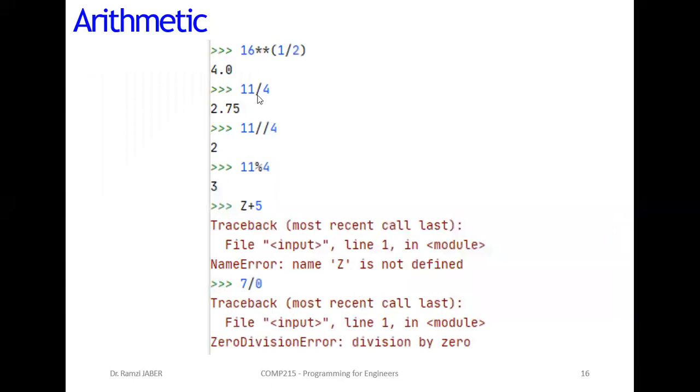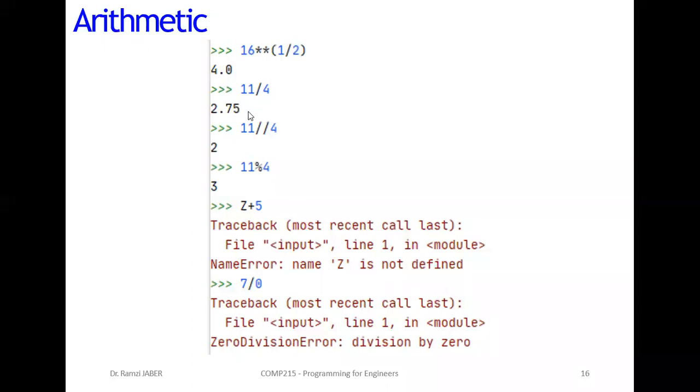As you can see here, 11 divided by 4 is 2.75. So here in Python, it's not similar to C. In C, C++, Java, when you divide integer over integer, the output will be integer. But here in Python, we don't have this, because 11 over 4 will give you a float number.